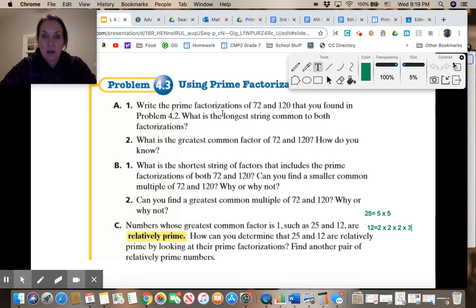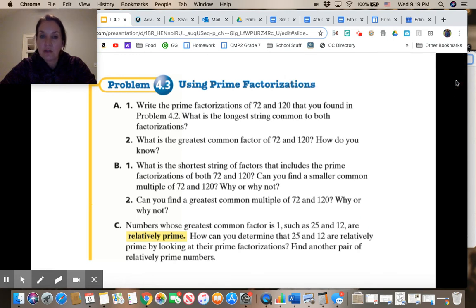So again, up here, you were looking for the longest string common to both to find their greatest common factor. And here you're finding the shortest that has them both to find their least common multiple. So if this way of doing it is confusing to you, you can just find the greatest common factor and the least common multiple the old fashioned way, the long way, by counting by 72s and counting by 120s, or by finding all the factors of 72 and 120.